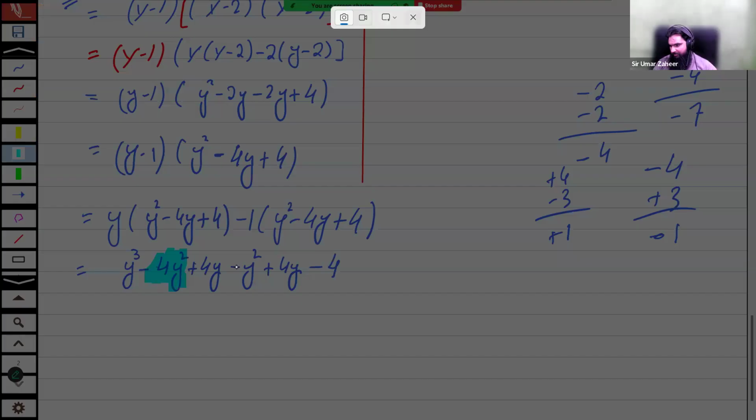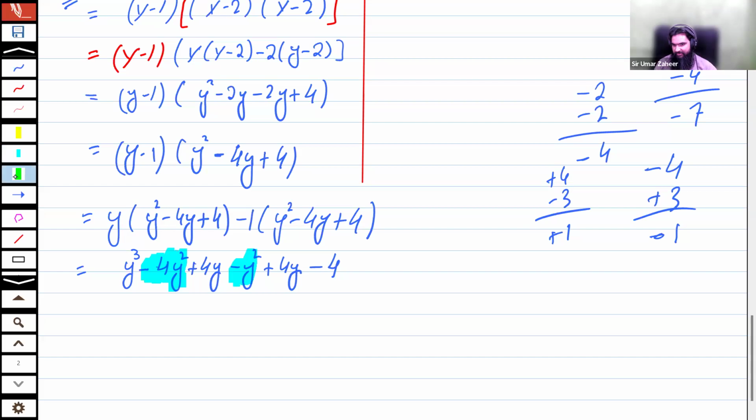Now here we have the same kinds. We have y square values, and we have y values.